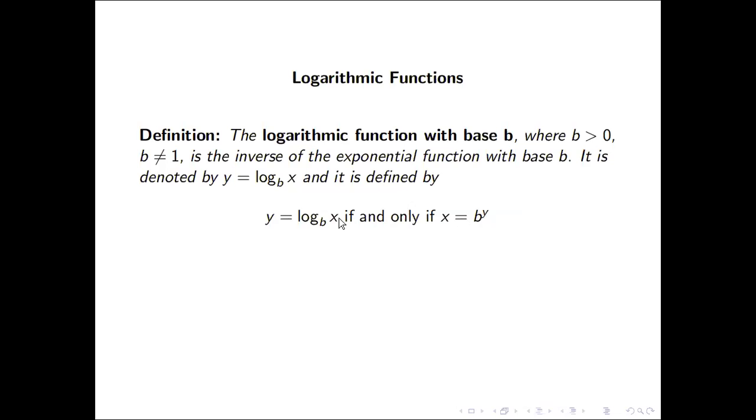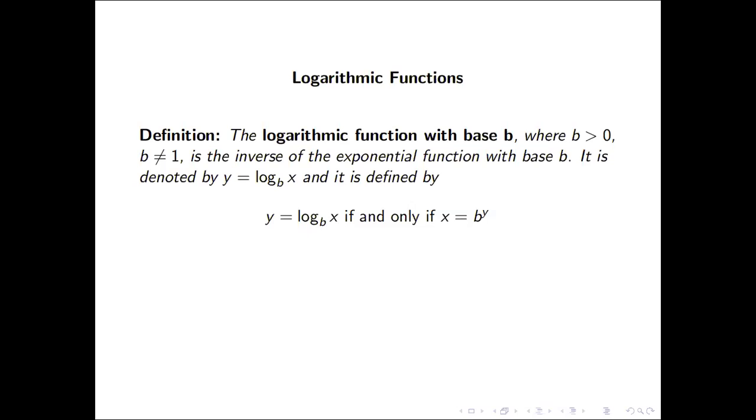So what does this statement mean? If you look at this quantity here, it means the number to which I should raise the subscript, which is the base b, so that I will get this number here. For exponentials, we raise it to an exponent, like 2 cubed is 8. We multiply 2 to itself 3 times. Now, I want to undo that.